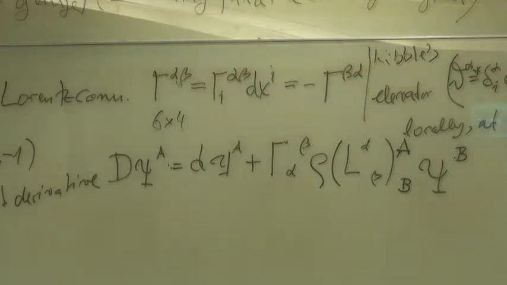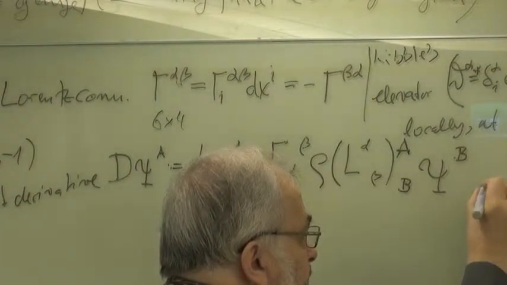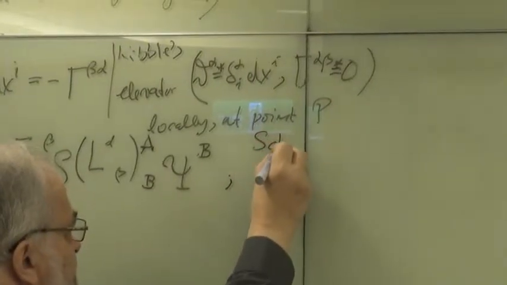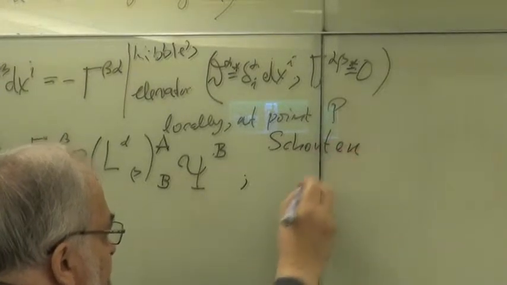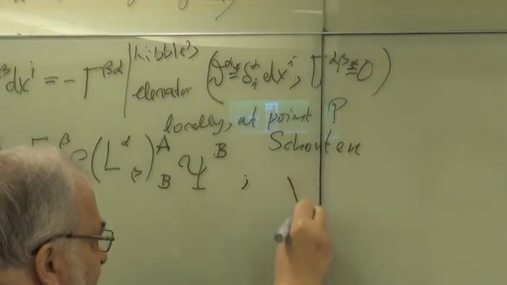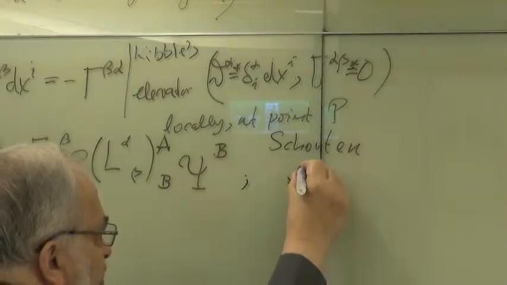This is what is called the covariant exterior derivative. Let me just remark, in the book of Schouten, which is the standard book in tensor analysis, he has also an operator which he calls nabla.